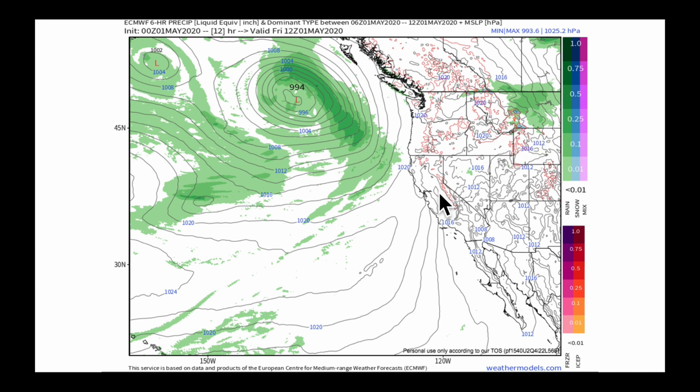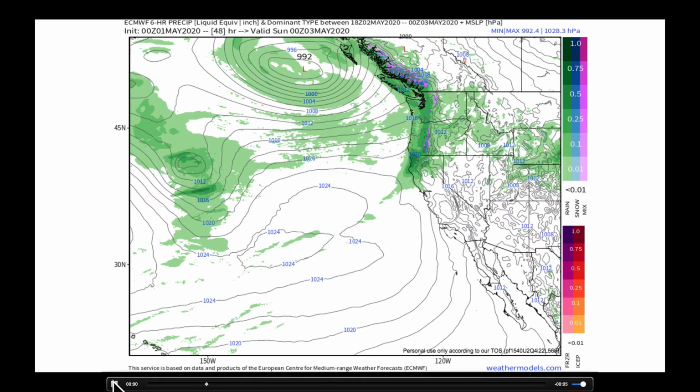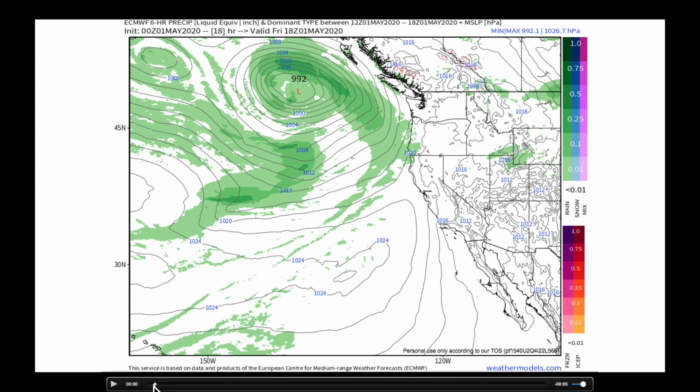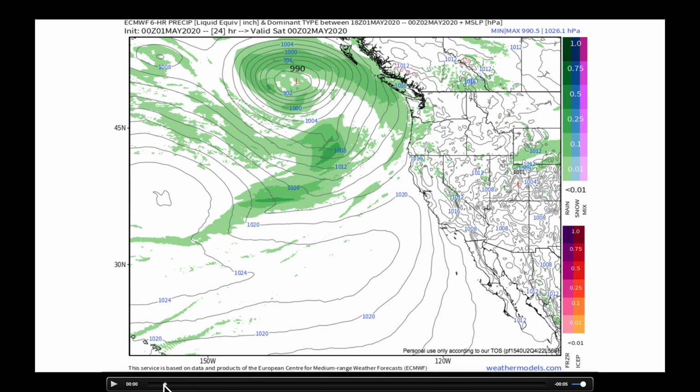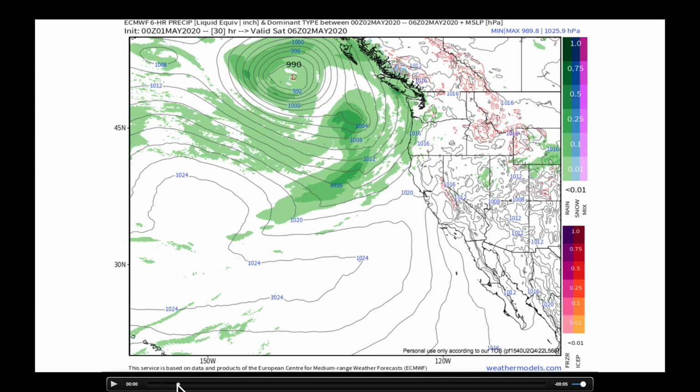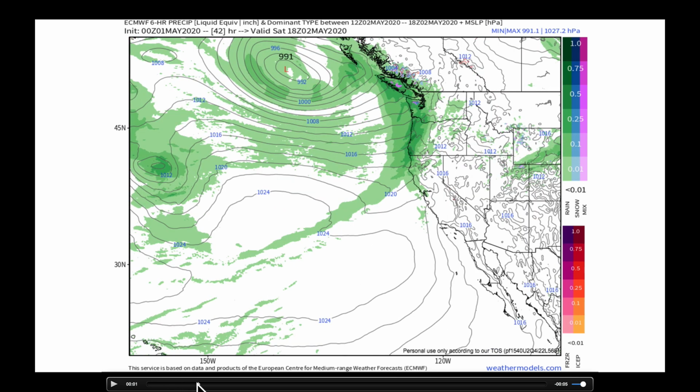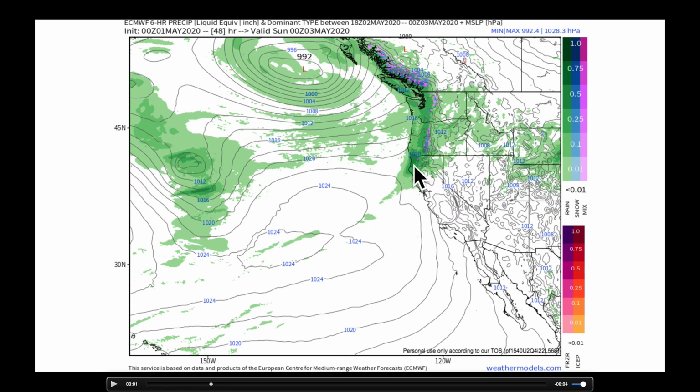So let's go over to the European run and take a look at how things progress. Early this morning, Friday, we can see that we were relatively cloud and precipitation free across the west. And as we play this one forward, here's the first low pressure system that comes curling up on the tail end of that trough out west. By Friday night, getting into Saturday morning, Saturday afternoon and evening, that's when the tail end of that front comes pushing into Northern California, Oregon, and Washington.